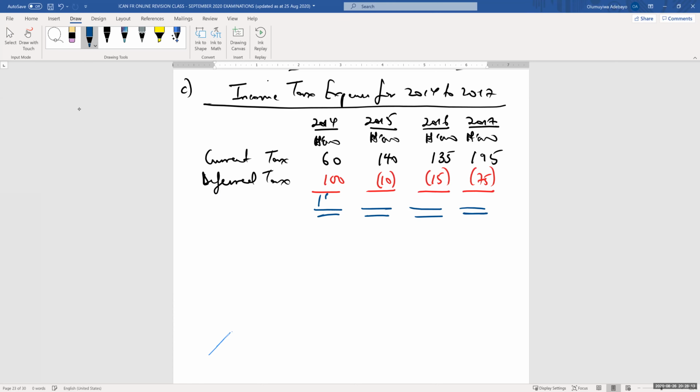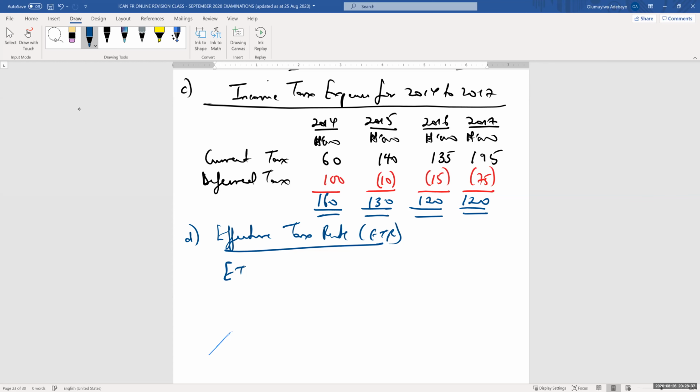We have 160, 130, 120, and 120. Now, what does that signify? We'll see the effect of this by computing our effective tax rate.